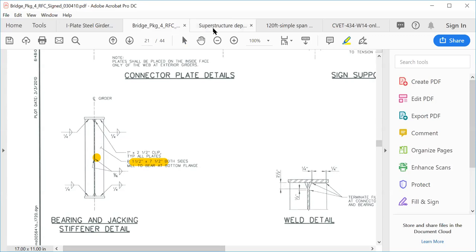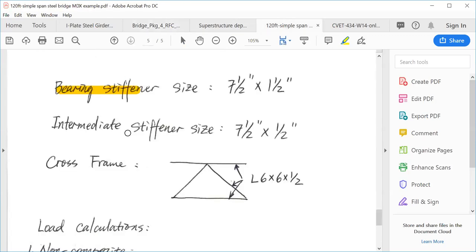The intermediate stiffener has the same width, 7.5 inch, but is thinner, at 0.5 inch thick.